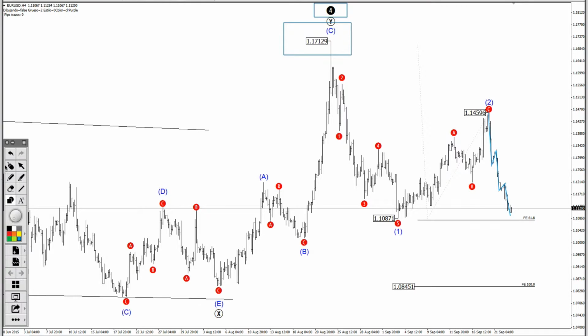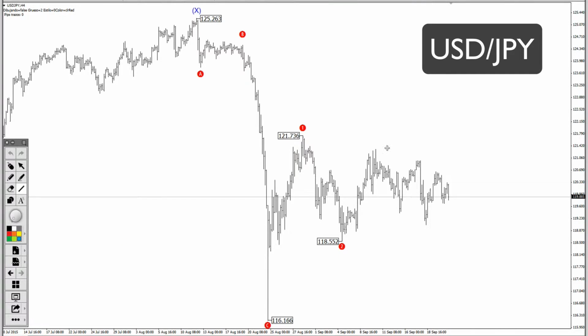Okay, let's continue. Dollar yen is still on this triangle formation. I might have to revise my count since this triangle is not suiting very well to my wave count. So we can see the triangle is forming here.